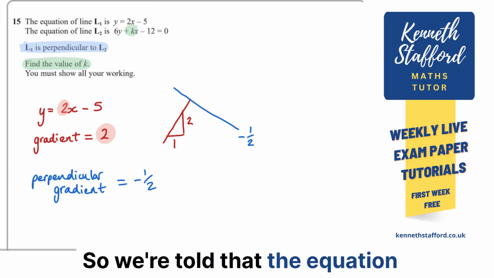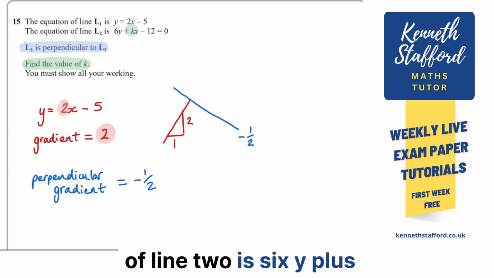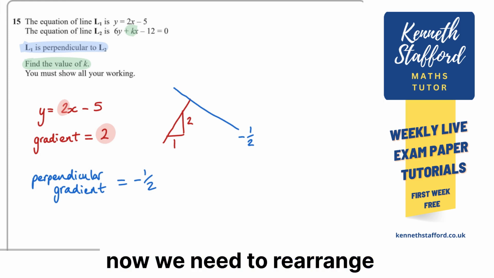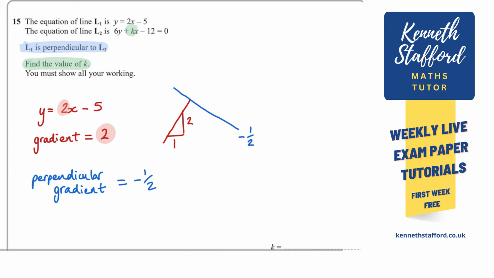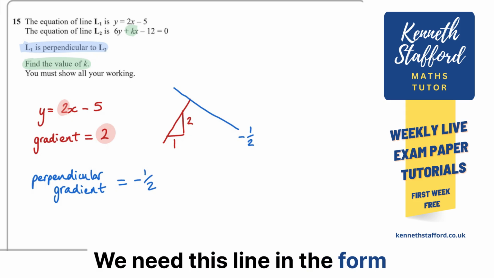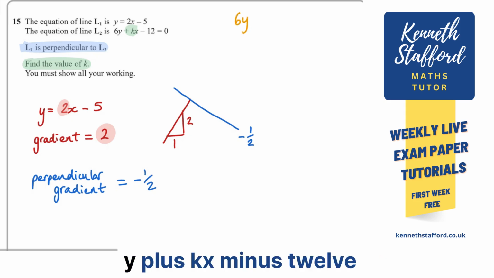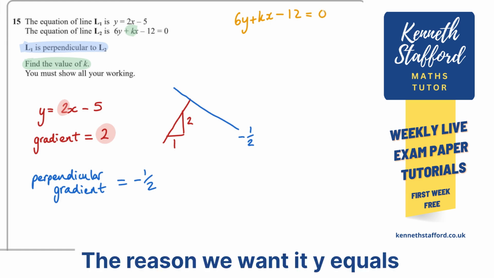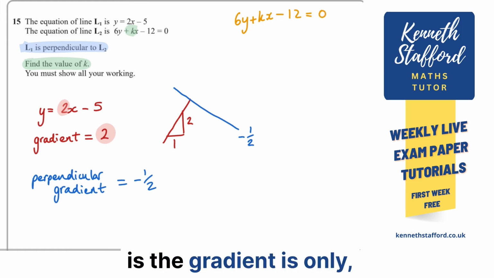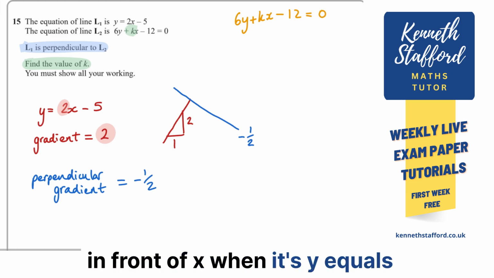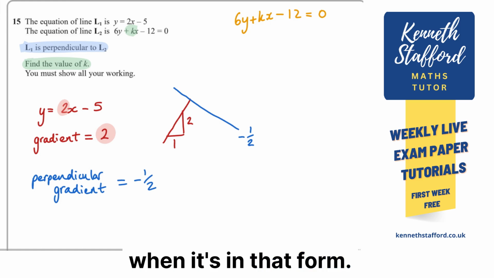So we're told that the equation of line 2 is 6y plus kx minus 12. Okay, now we need to rearrange that line. We need this line in the form y equals mx plus c. So 6y plus kx minus 12 equals 0. The reason we want it y equals is the gradient is only the gradient and is only the value in front of x when it's in that form.